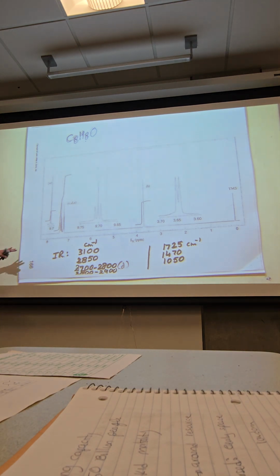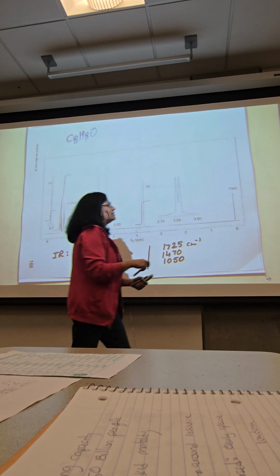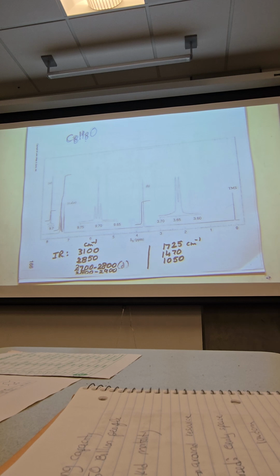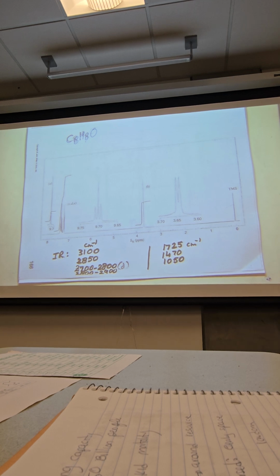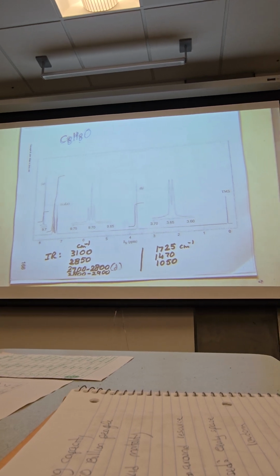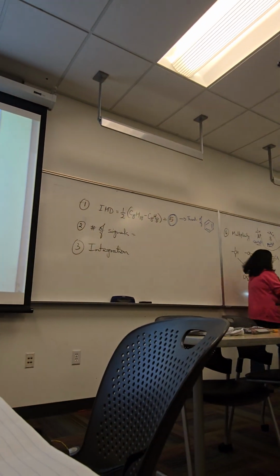Okay, let's look at IR and see what we can gauge from the IR data given to us in this particular example. So 3100 cm^-1, 2850.